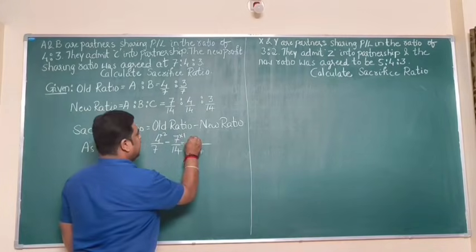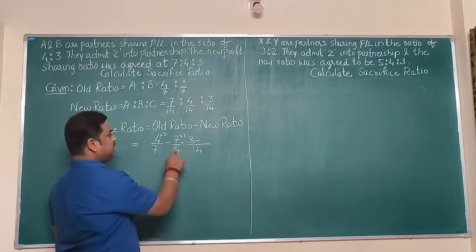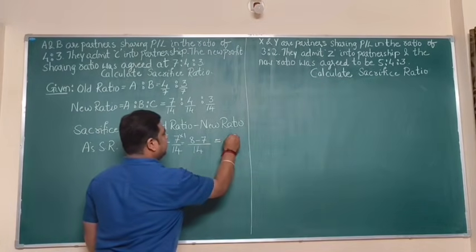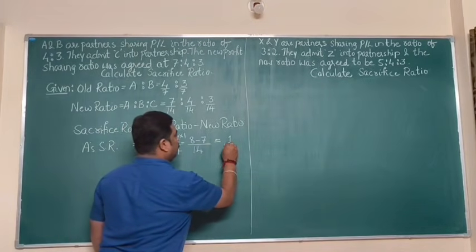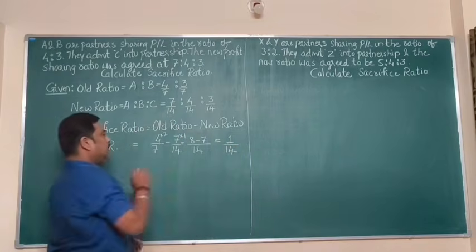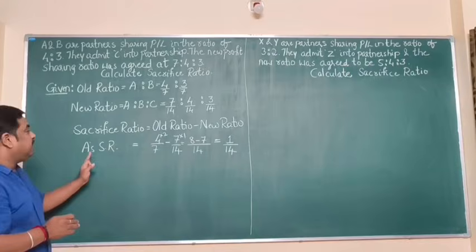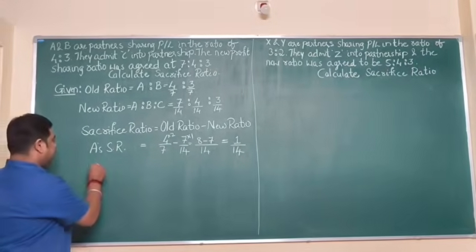So 4 2s are 8 minus 7 1s are 7. So it is 8 minus 7, it is 1/14. What is this 1/14? The portion surrendered or sacrificed by the old partner A.